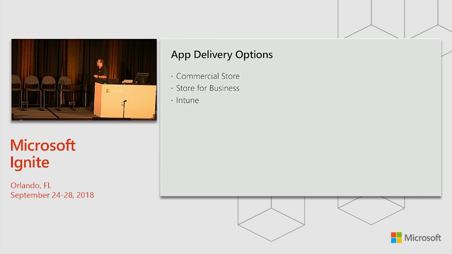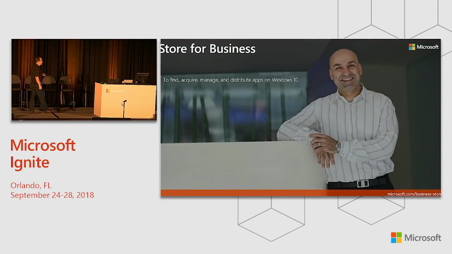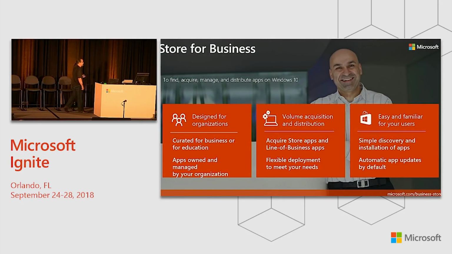So let's talk about app delivery options. Our three app delivery options are the Commercial Store, Store for Business, or you can also push down signed apps using Intune. Store for Business is designed for organizations to take publicly available applications and purchase or control the assignments and licensing thereof.